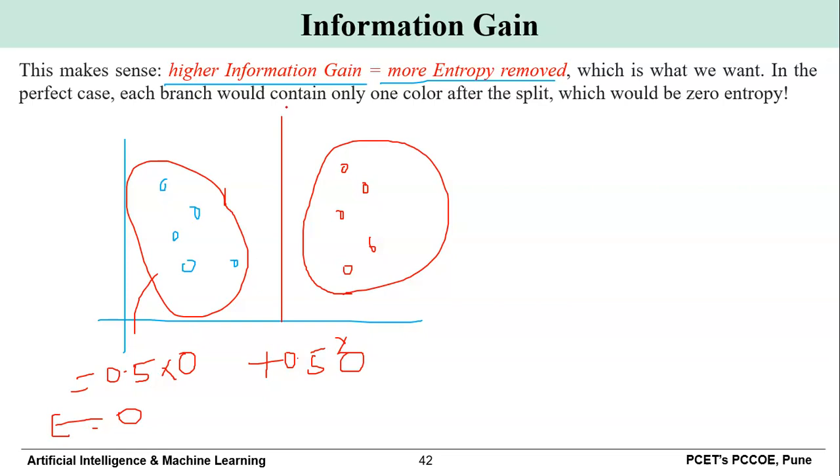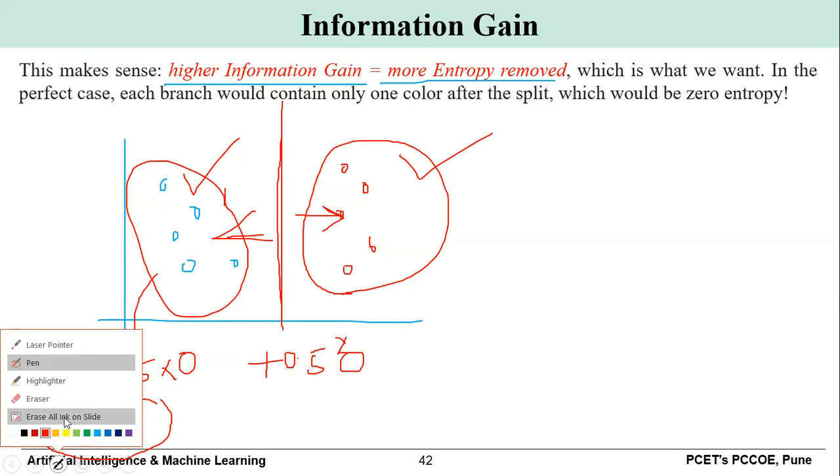So we can say that if we draw a vertical line here, we can divide the data points into two different segments, and you will get 0 entropy, which means you will get more information. Because an entropy value close to 0 means maximum gain of information, as we are clearly dividing the data points into two different, understandable segments.